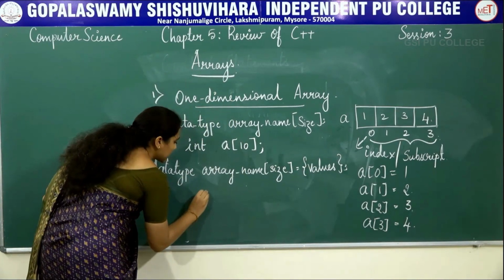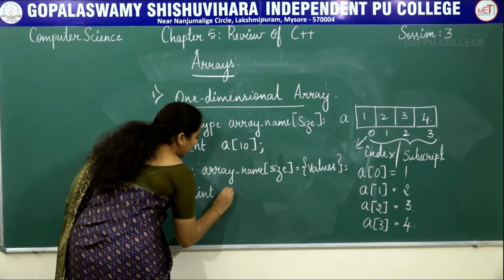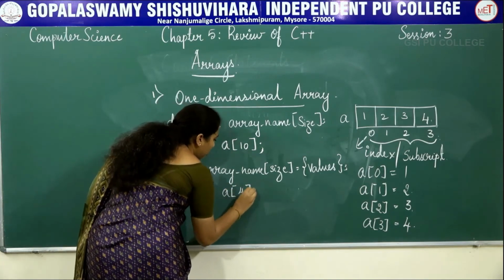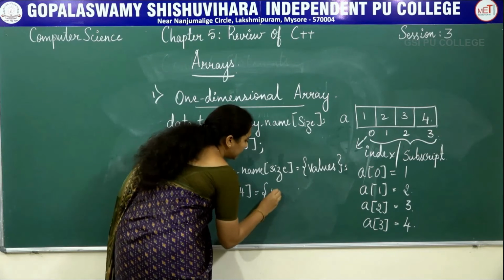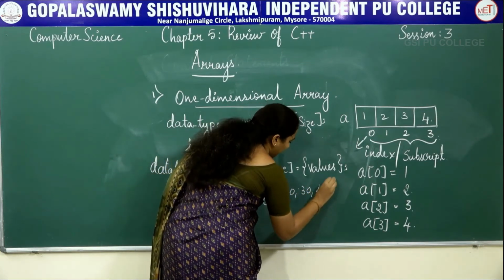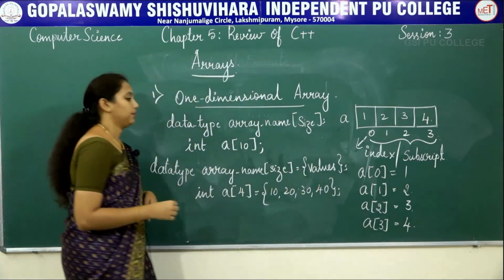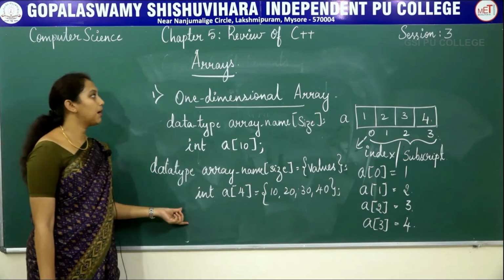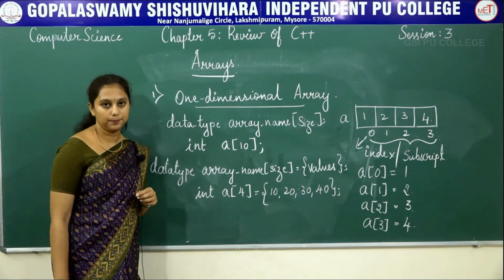An example for this is int a of 4 is equal to 10, 20, 30 and 40. So this is about the one-dimensional array.